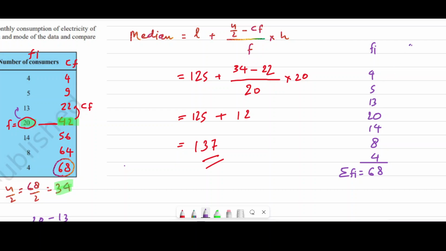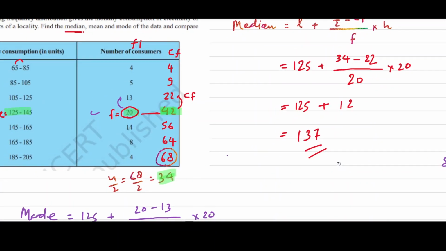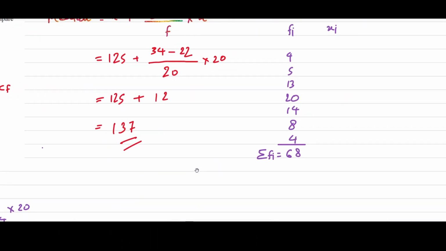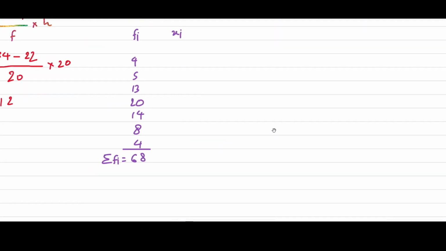Now here we will put Xi. Xi will be the midterm of this. Midterm, that means 65 and 85, that means 75. There is a difference of 20, so we will write directly for this value.